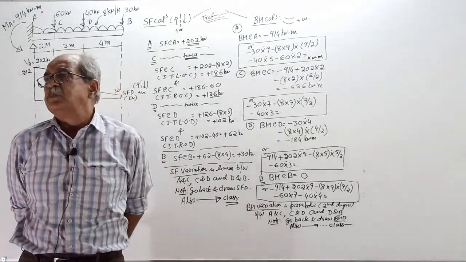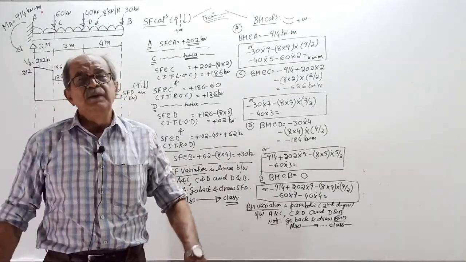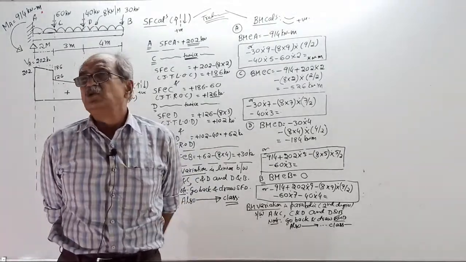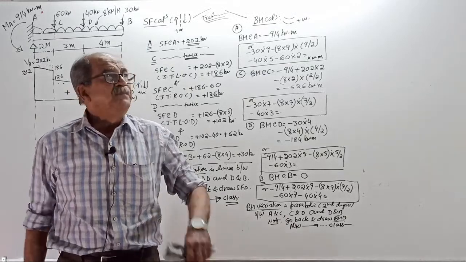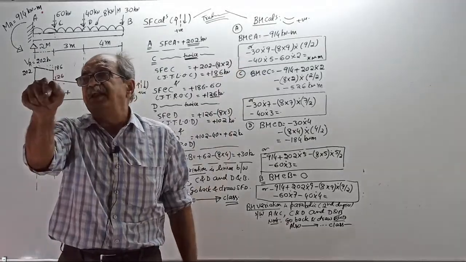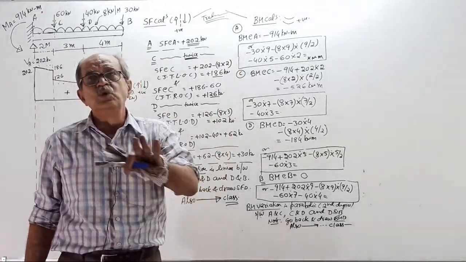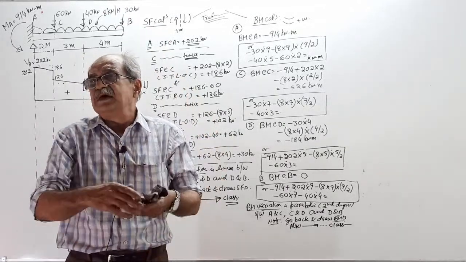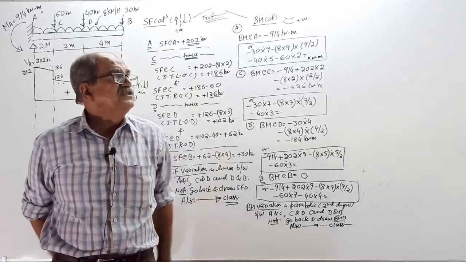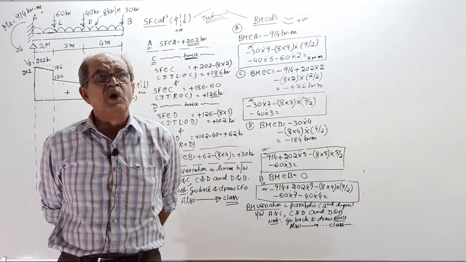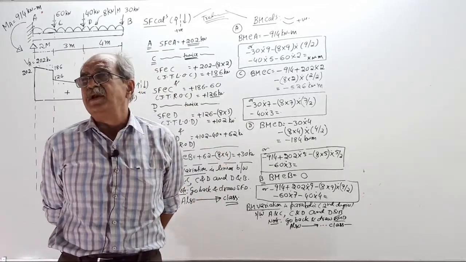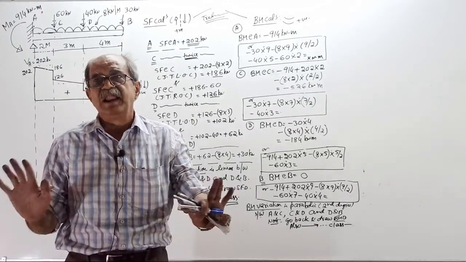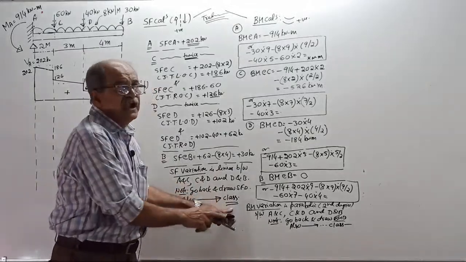It can be a known point or an unknown point. If it is a known point, keep quiet. Why? You don't locate a known point. If it is an unknown point, locate it. How to locate? You know it. Why? Because at that point where SFD crosses the baseline or changes sign, later the bending moment is going to be either minimum or maximum. Correct? You write all those statements here.